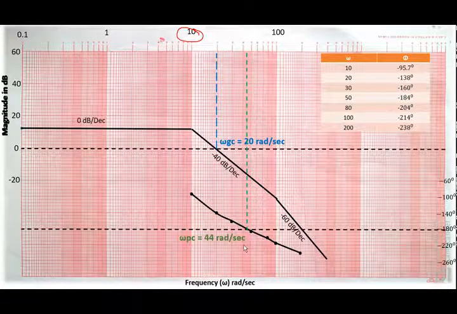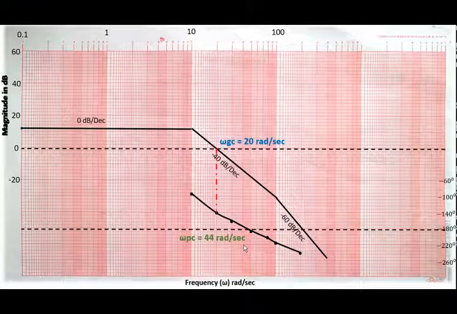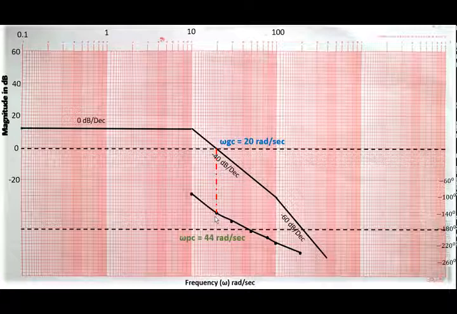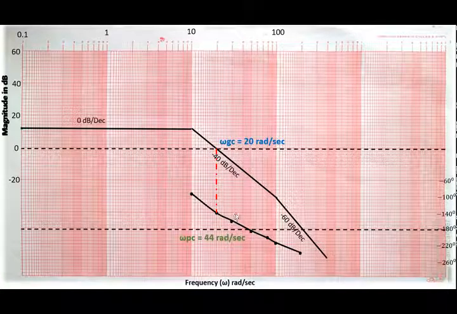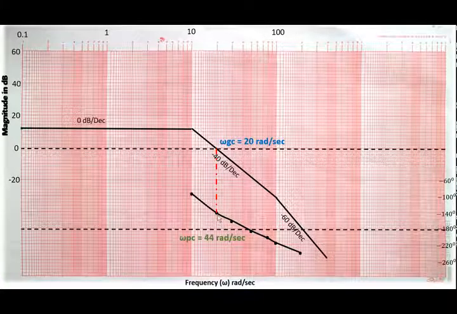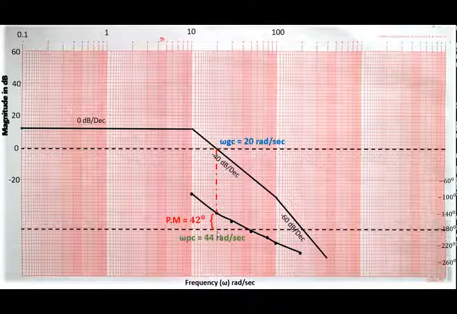Next we need to find out the gain margin as well as the phase margin. Starting from omega GC, draw a line downward till it reaches the phase angle plot. The angle difference between this point and the reference line gives the phase margin. So that is approximately 42 degrees.